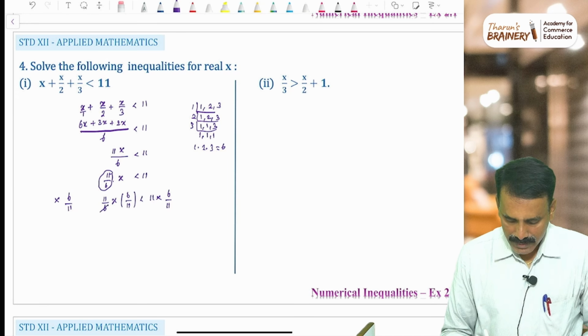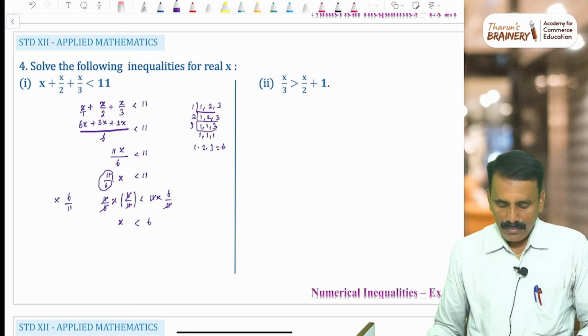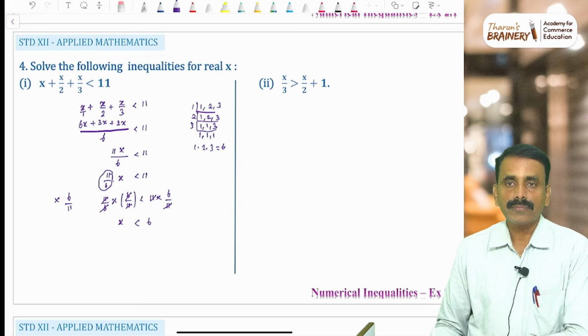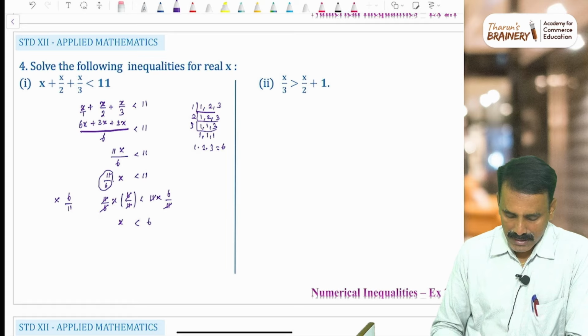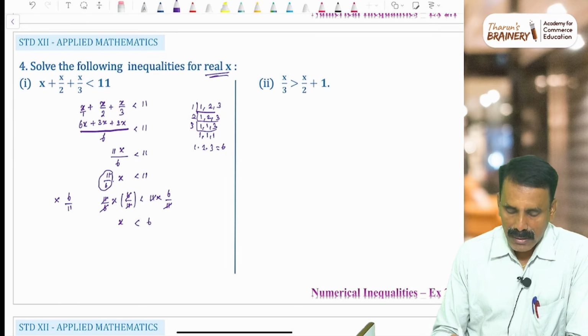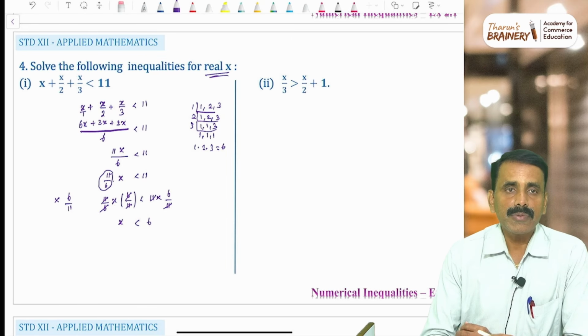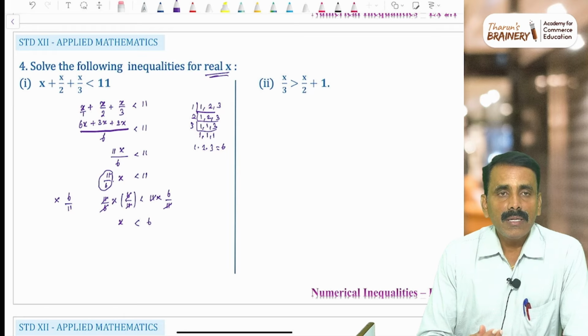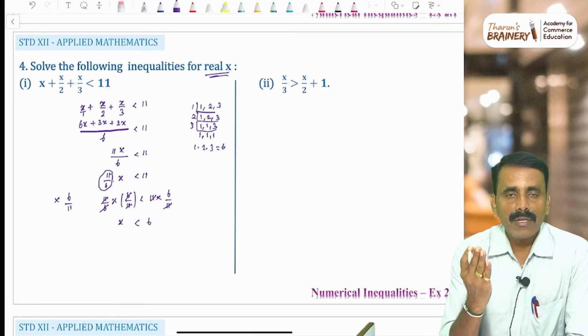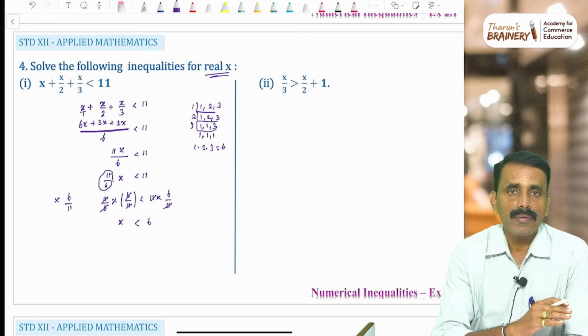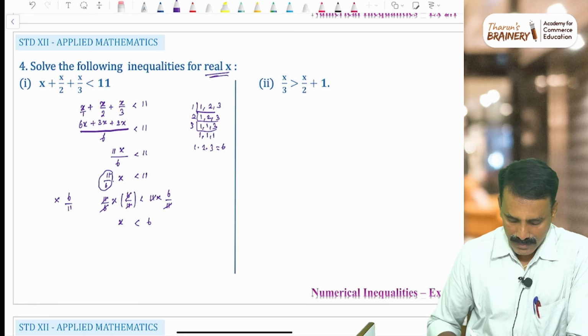So, what will happen here? 6 cancels, 11 cancels. So, we have x less than 11 cancel 6. Now, x is less than 6, and we are going to find the solution in real numbers. So, which are all the real numbers which are less than 6? Any number which lies to the left of the number 6 on the real number line. Is it clear?